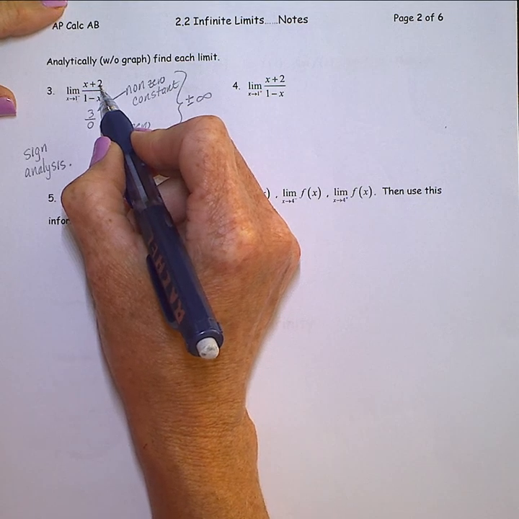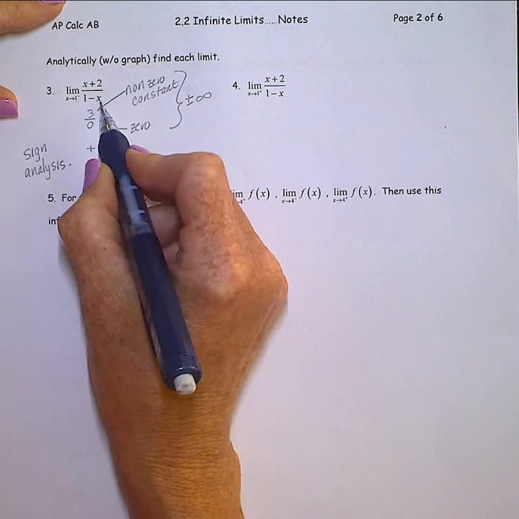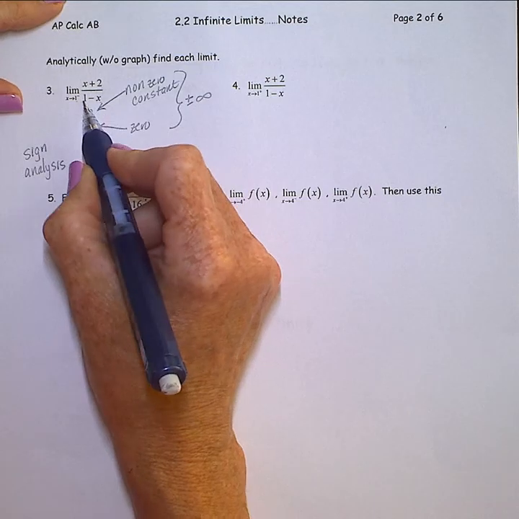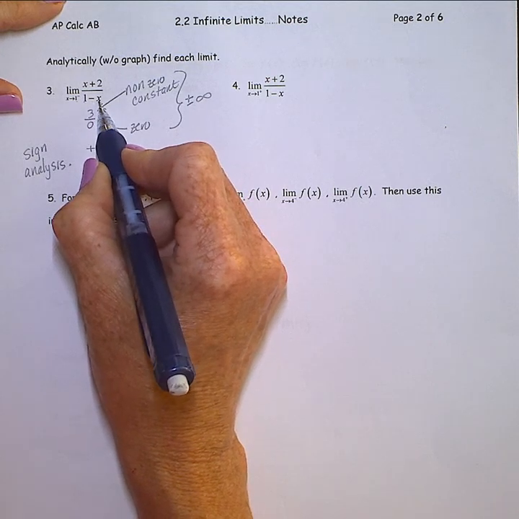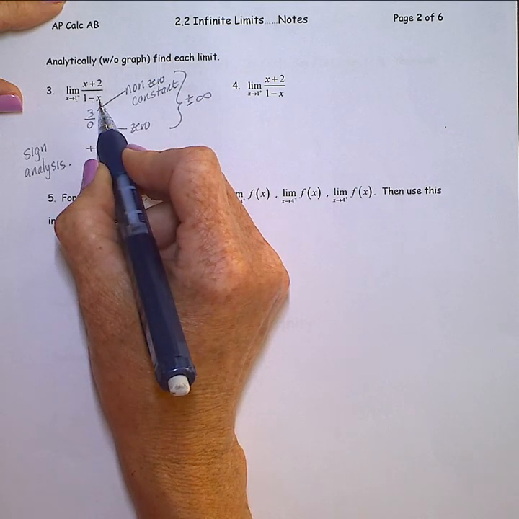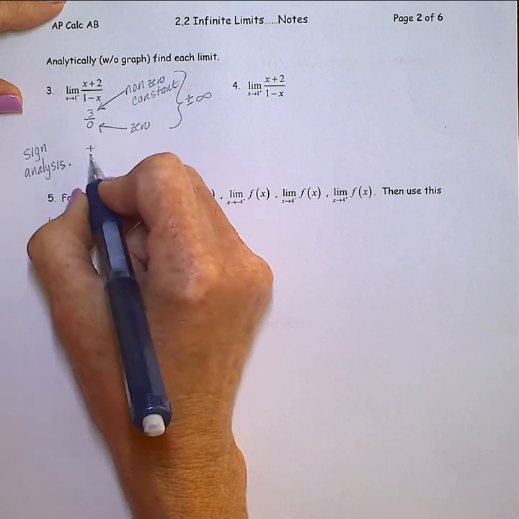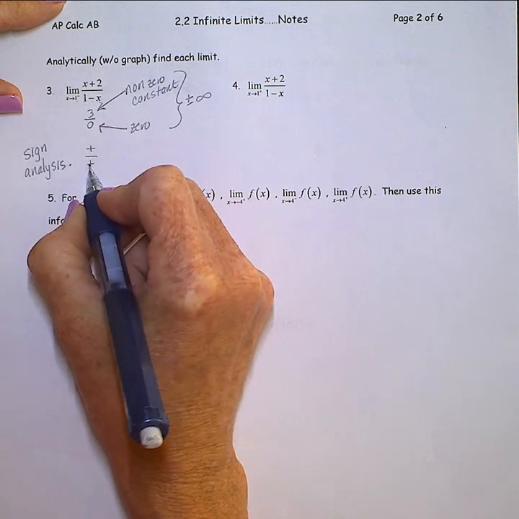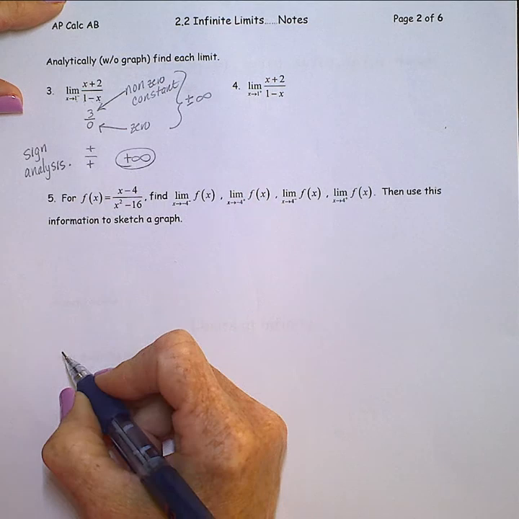Is it positive or is it negative? Positive. 1 minus something smaller than 1, so 1 minus 0.999999. Is it positive or is it negative? Positive. You have positive over positive. Overall, positive infinity.